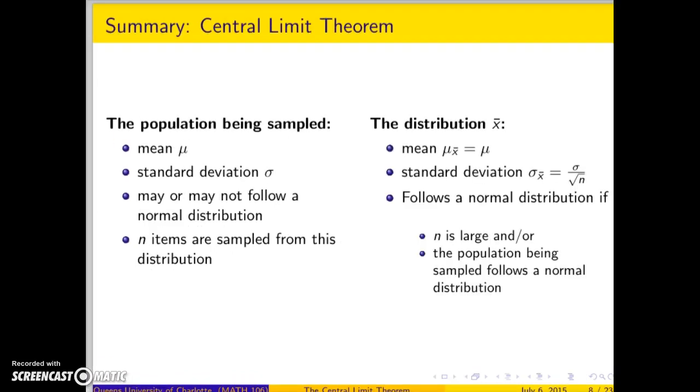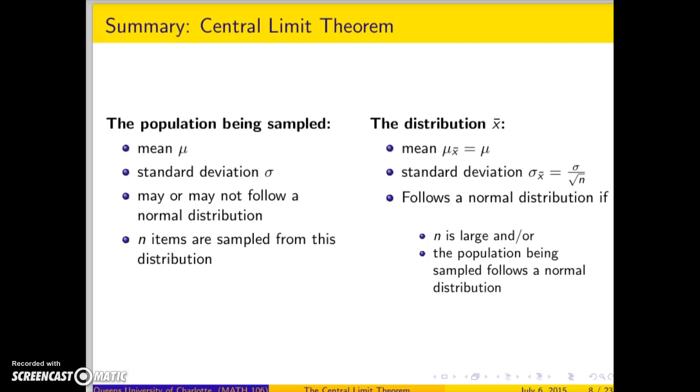So in summary, the original population being sampled has a mean of mu, a standard deviation of sigma, and it might follow a normal distribution, but it might not. And we have n items being sampled from this distribution. Now, if we are looking at the distribution of x bar, in other words, the sampling distribution, that has a mean of mu sub x bar, which is the same value as mu.